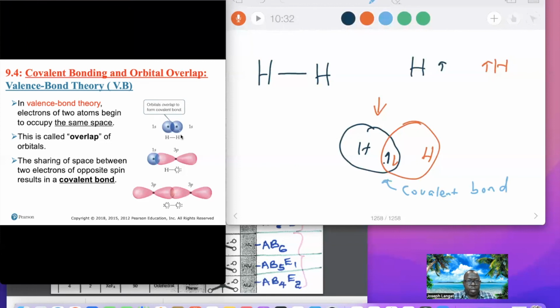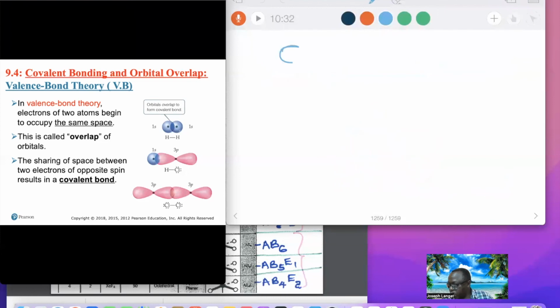If you look at the 1s, 1s electron configuration, this is where we have the two electrons to form the single bond. With 1s and 3p for chlorine, the two electrons for HCl, hydrogen here and then chlorine.